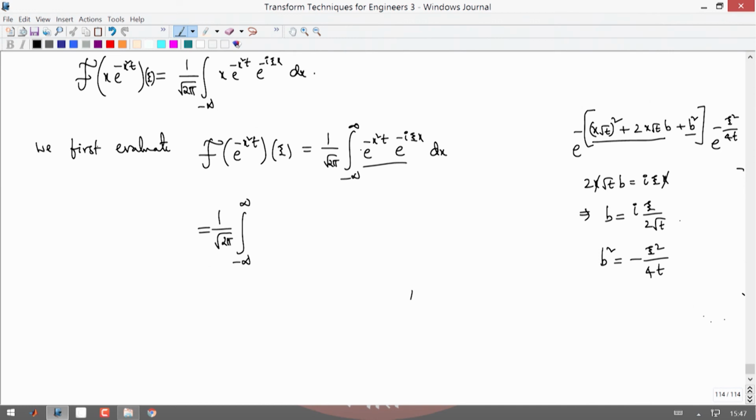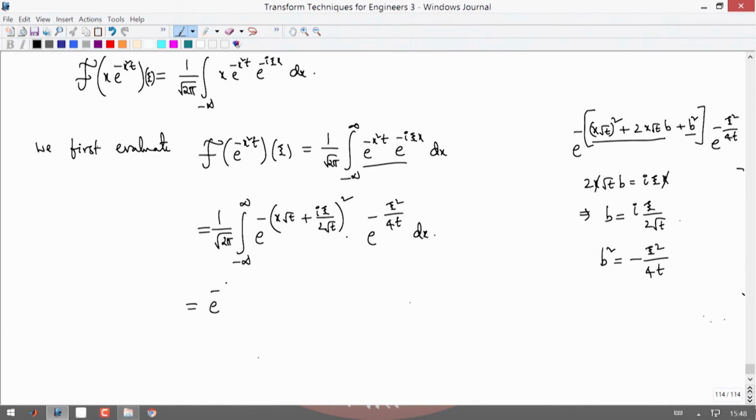I rewrote this part as e power minus x root t plus b, b is i xi by 2 root t, whole square. So, if I want this integrand, I have to multiply e power minus xi square by 4t. This is dx as it is. So, this has nothing to do with the integrand, with the integral, so you can write this outside.